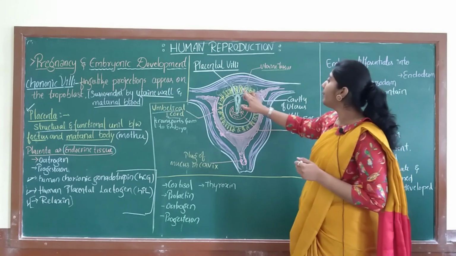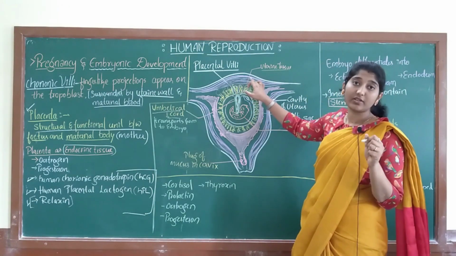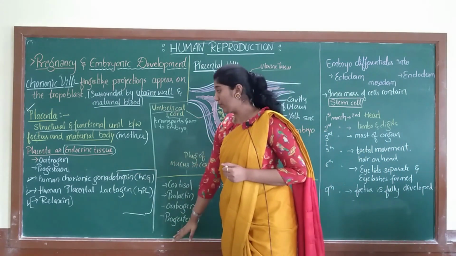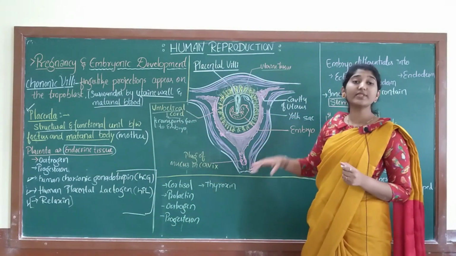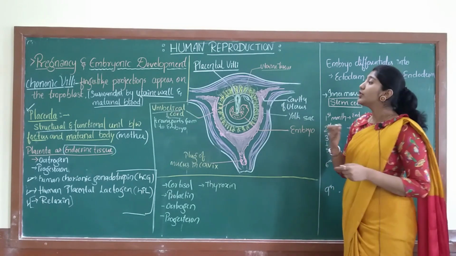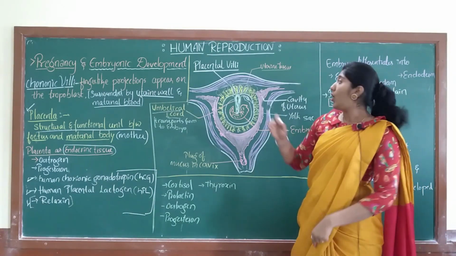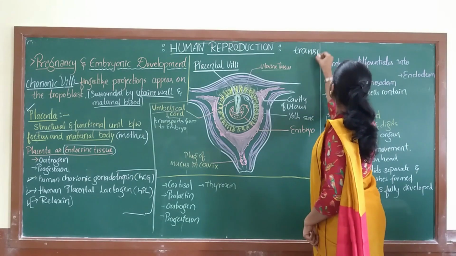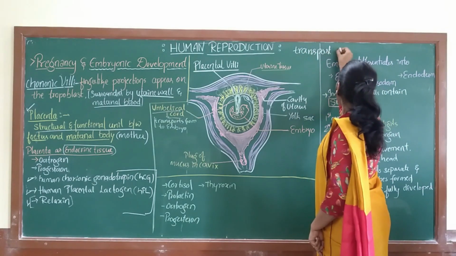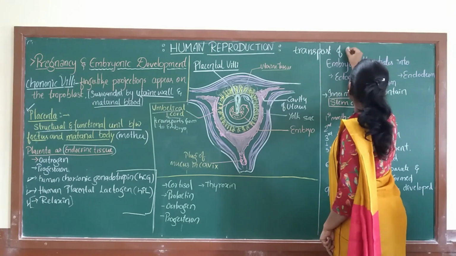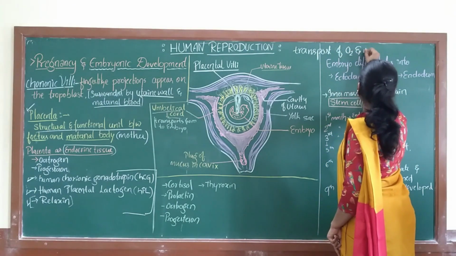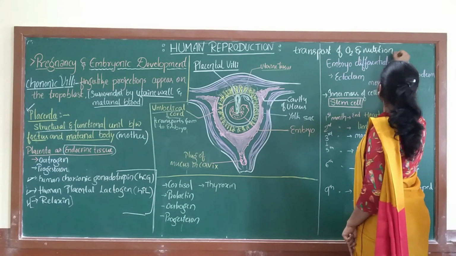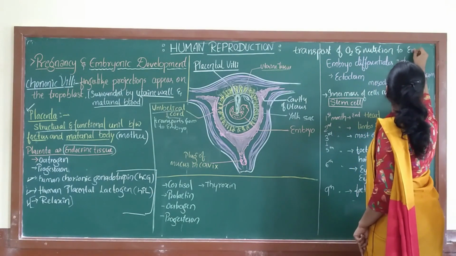And one more important function of the placenta, rather than producing these hormones, is that the main function of the placenta is transport of oxygen and nutrition to the embryo.